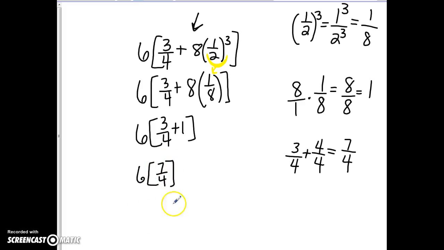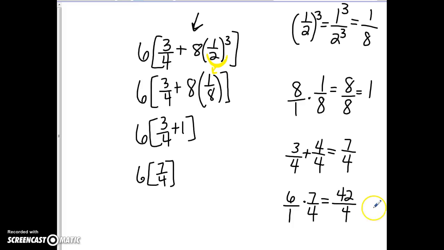And the reason I'm going to change it to 7/4 is because now when I multiply 6 times 7/4, again, I'm going to go off to the right here. This is where all my work is. When you multiply fractions, I can turn that 6 into just 6 over 1, and then I multiply across the numerator, multiply across the denominator, so it's 42 over 4.